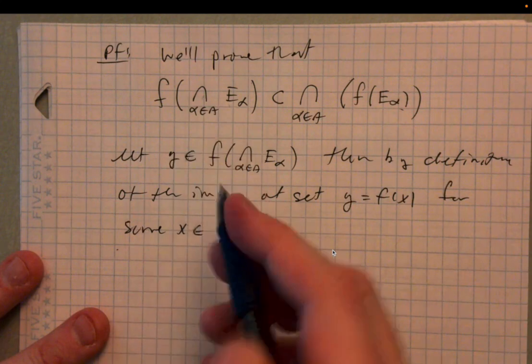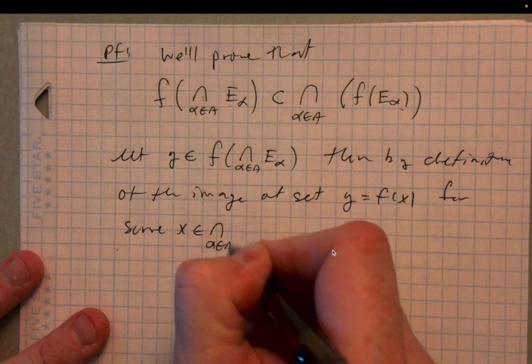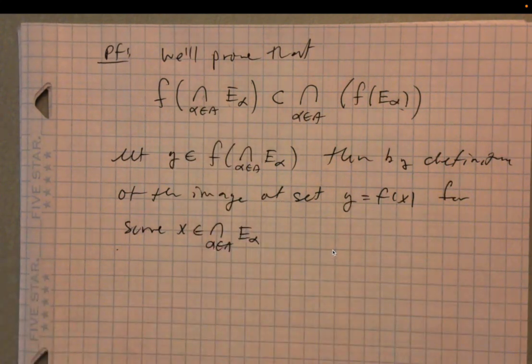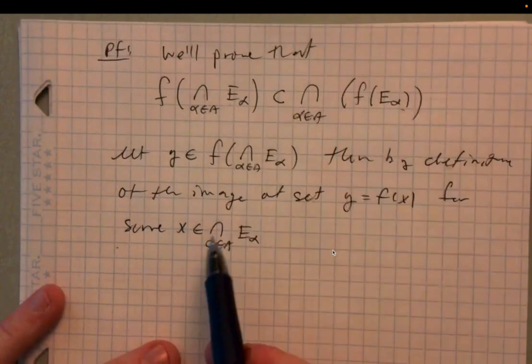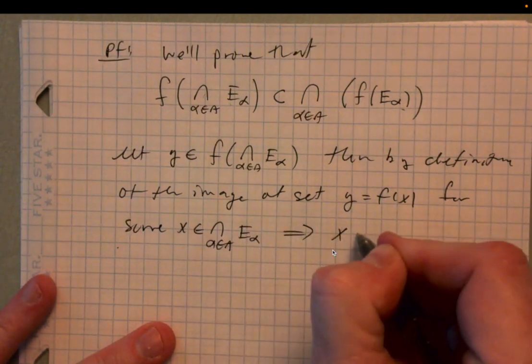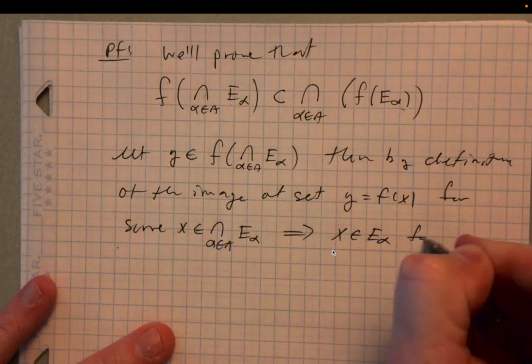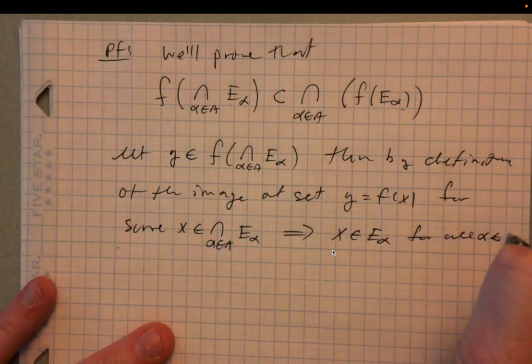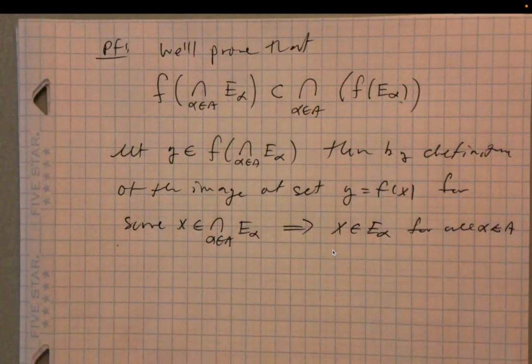So some x in the intersection over alpha in A of E sub alpha. Well, if x is in the intersection over alpha in A of E sub alpha, then x is in E of alpha for all alpha in A. That's what the intersection means.